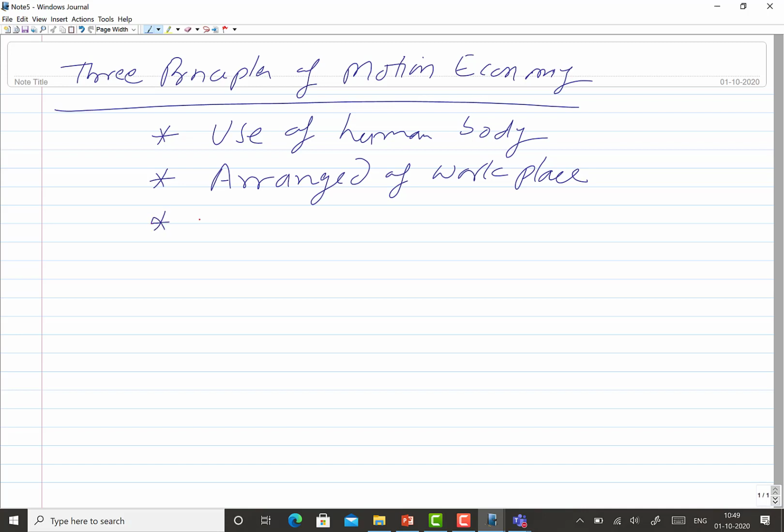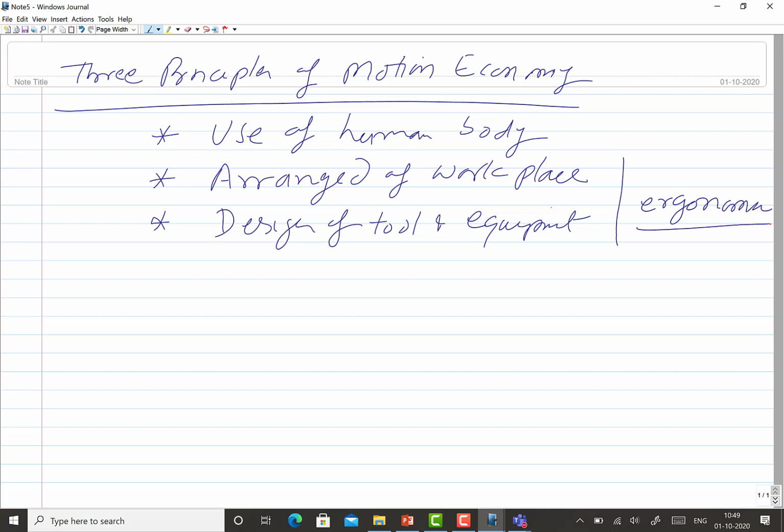And the third is related with the design of tools and equipment to be used by the worker. Both of these are basically related with ergonomics, and we will be talking about these in detail a little bit now and a little bit later when we talk about ergonomics.